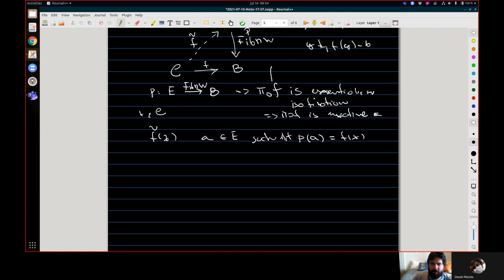As we said, this is actually surjective on objects. The action of pi 0 of F on objects is the same as the action of F on objects. So F is surjective on objects. Thus, this always exists, so we may choose.